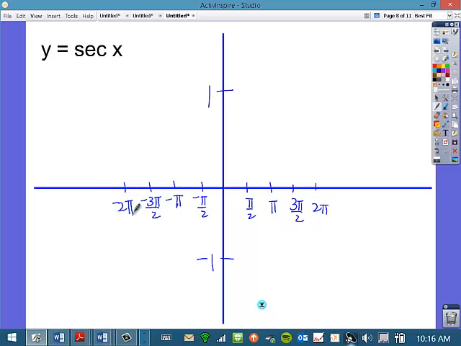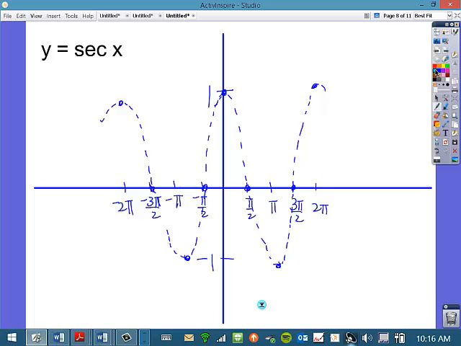Okay, cosine starts at the top, goes to the middle, down, middle, top, to smile because it's positive. Okay, I graphed my cosine function.